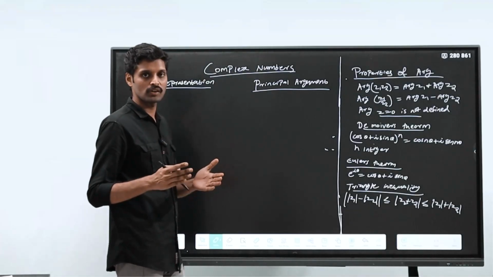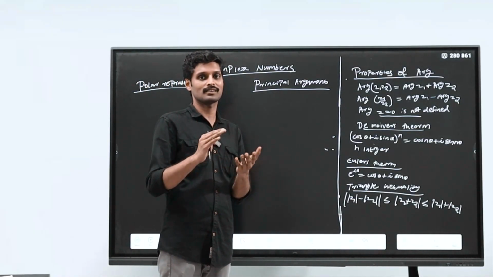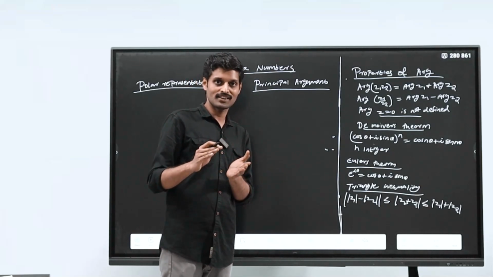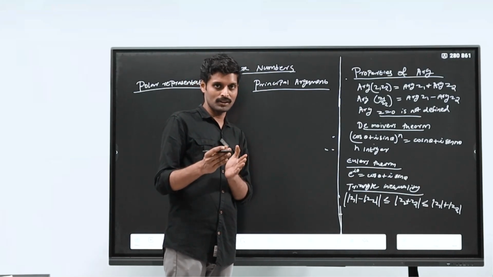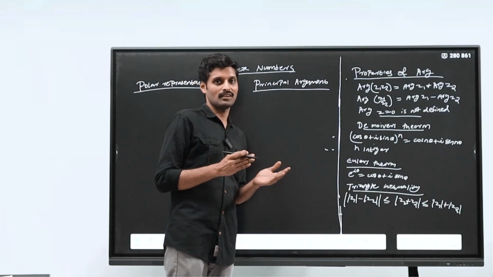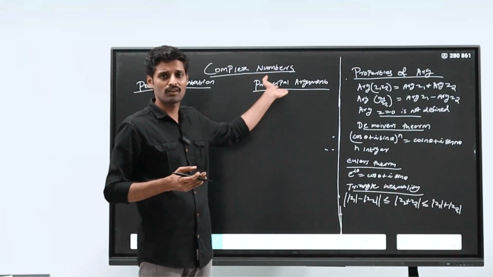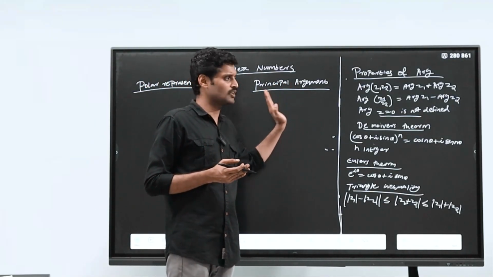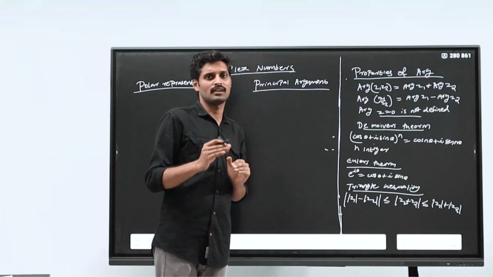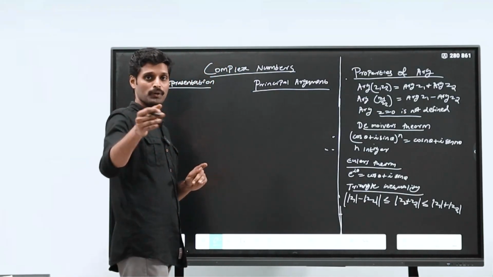Polar representation, actually this topic is already removed from your syllabus. Anyway, in the previous exams there are some questions from polar representation and also from principal arguments. So that's why I'm explaining these concepts.